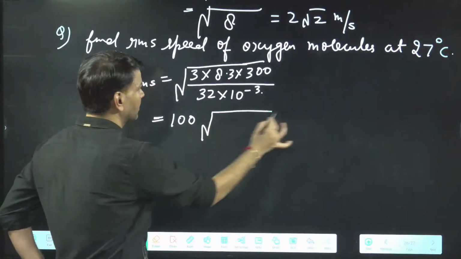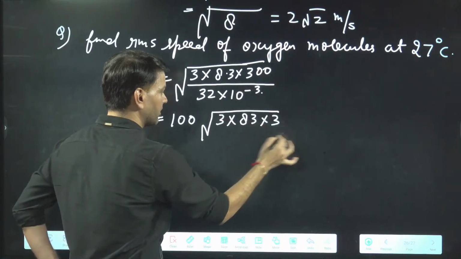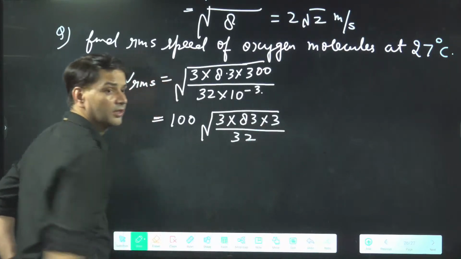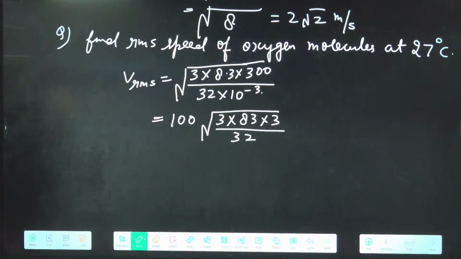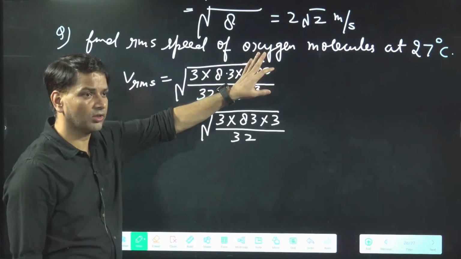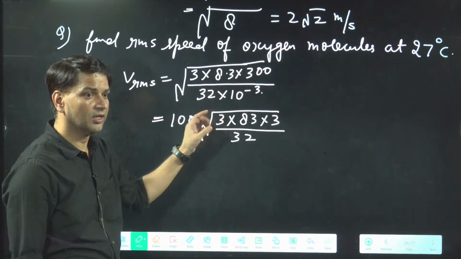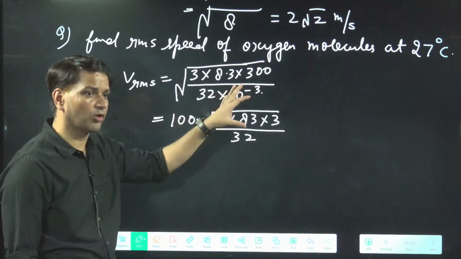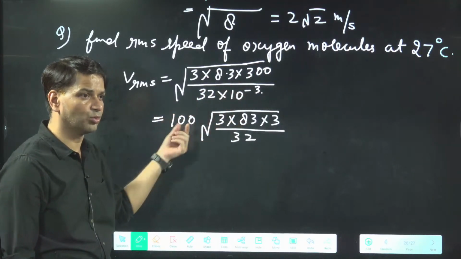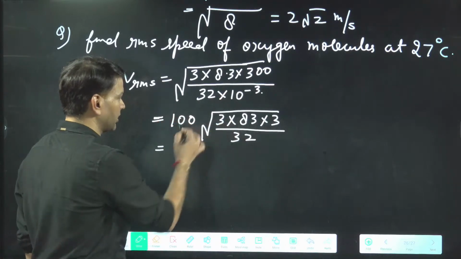So 100 into under root of 3 into 8.3 by 32. I have made it 10 to the power 5. In that, 10 to the power 4 and this 10 I multiplied with 8.3, so I got 83. The root of 10 to the power 4 is 10 to the power 2, so you got 100 out. 3 and the root of 3, you can take 3 out.